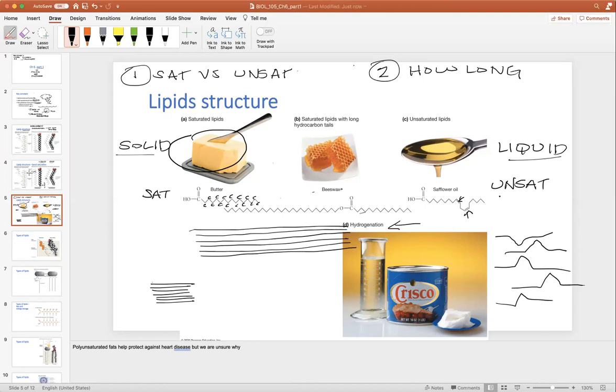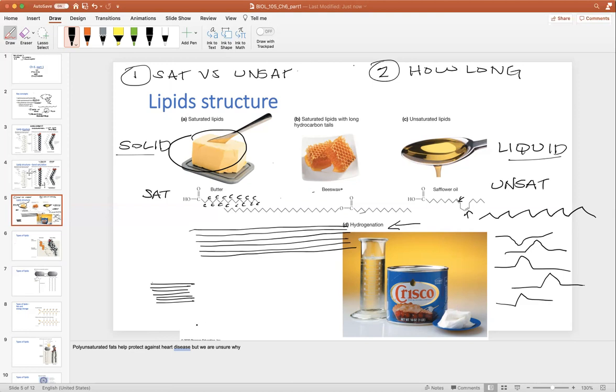So it took the vegetable oil, added hydrogens to break those double bonds, so that you end up with something that looks like this, or looks like this, or looks like this, okay? So the process of hydrogenation takes unsaturated lipids and saturates them to make them solid.